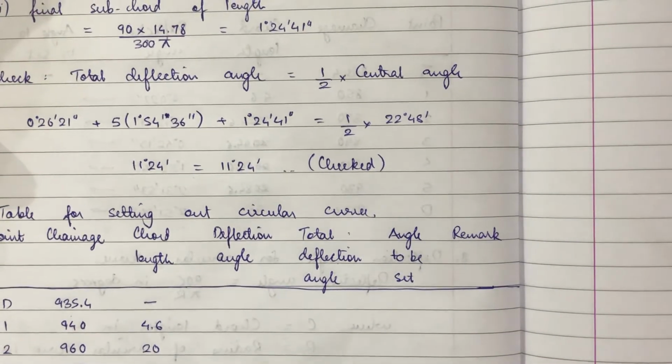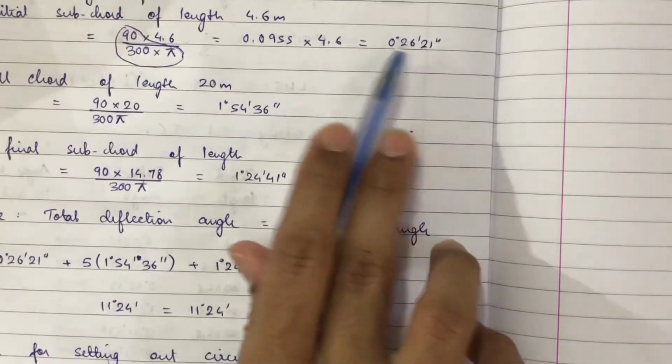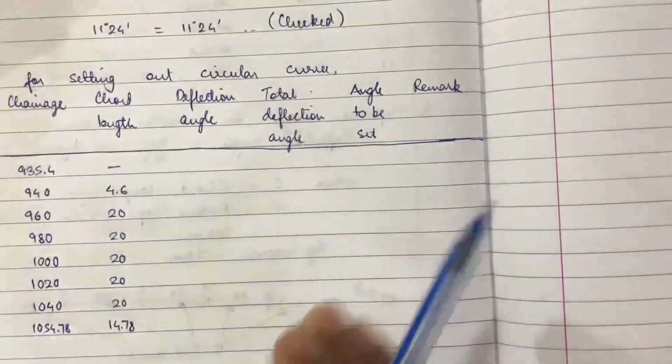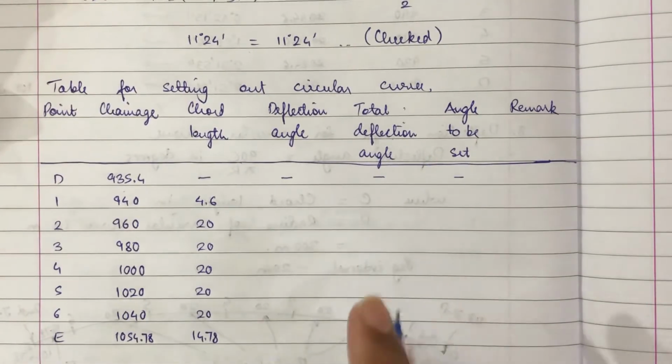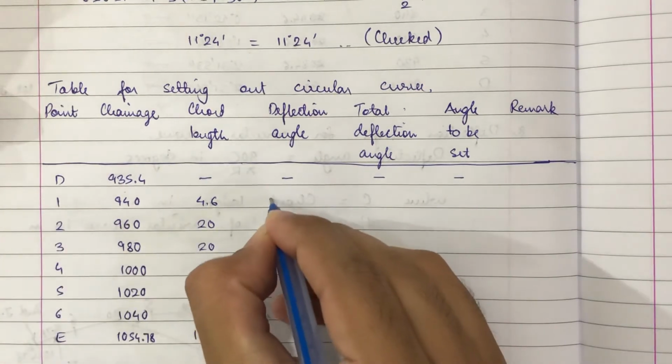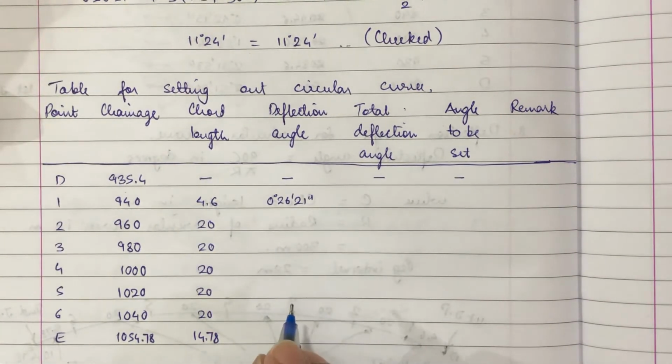Now the deflection angle for the first point is 0 degree, 26 minutes, 21 seconds.